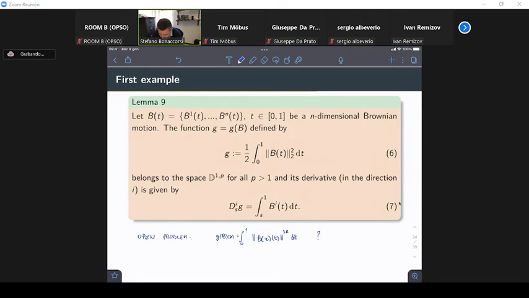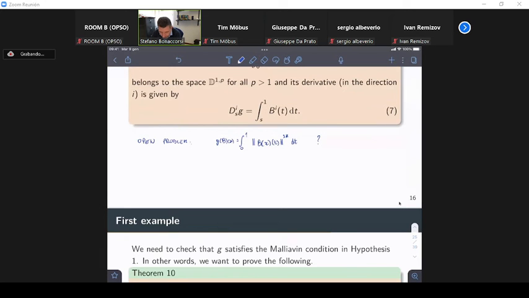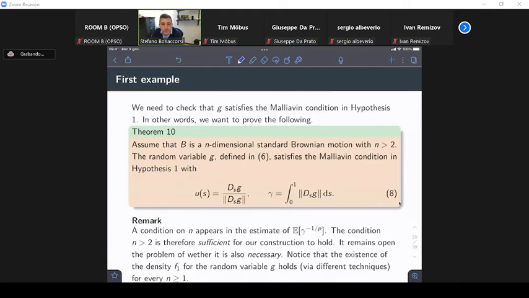Okay, so let's go on. I have the case of the L2 norm, and we are in dimension larger than or equal to 3. What we want to do is check that this random variable satisfies the Malliavin condition given in hypothesis 1.